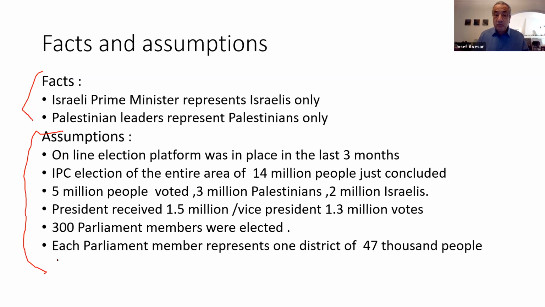So you have to assume that we just concluded the election, that 14 million people, with the exception of teenagers or minors, were allowed to vote. 14 million, meaning in Israel, the West Bank, Gaza, and Jerusalem, were allowed to vote in a nationwide election. That actually 5 million people voted. 3 million Palestinians voted and 2 million Israelis voted for the common election.